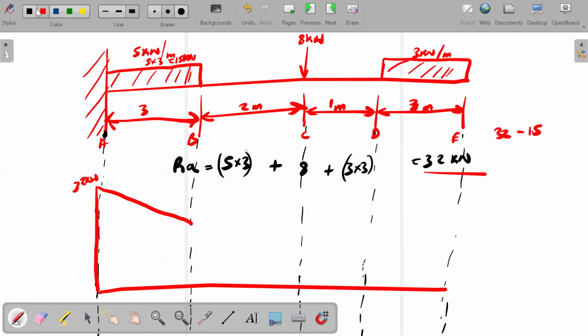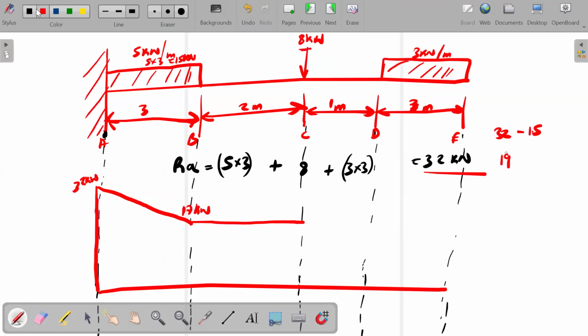Then from this point, now we have a concentrated load. Where we have a concentrated load, we indicate with a horizontal line. So at this point, we have 17 kilonewton. From the 17, the next that follows is 8 kilonewton, which is this one.